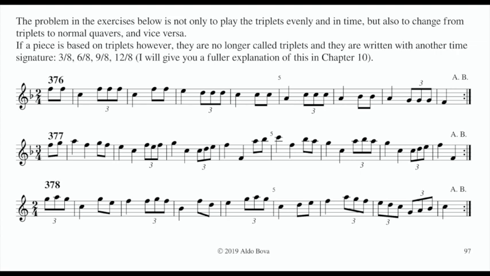Another problem is that normally we play triplets too fast. Ta ta ta, and then we see that we have arrived early, so we have to stop. A mistake that you can make, but attention, this is a mistake, a negative example, 377 with a negative example.